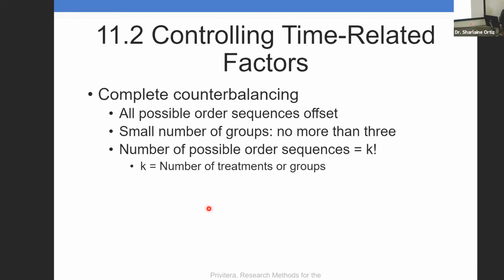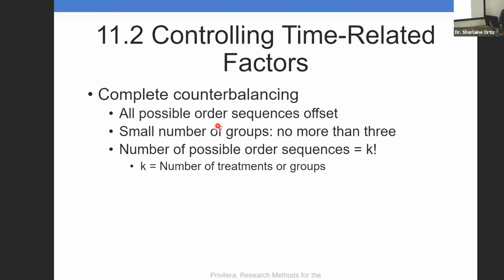Now, there are two types of counterbalancing, and the first one is complete counterbalancing. What I mean by that is that I have considered all of the possible orders, all of the sequences that I can engage in, so I am able to do all of the possible measurements to address the sequences of that offset.